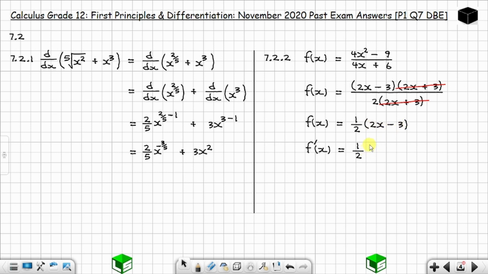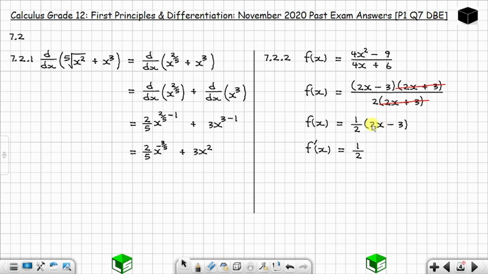So when you take the derivative, it will be 2 minus 0, or 2 plus 0. Can you see that? According to the rules of differentiation, you have x to the power of 1. There is a power of 1 there.